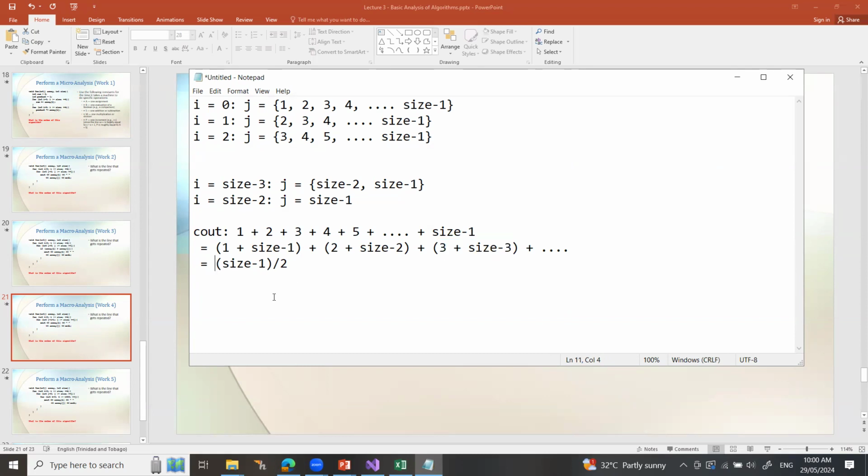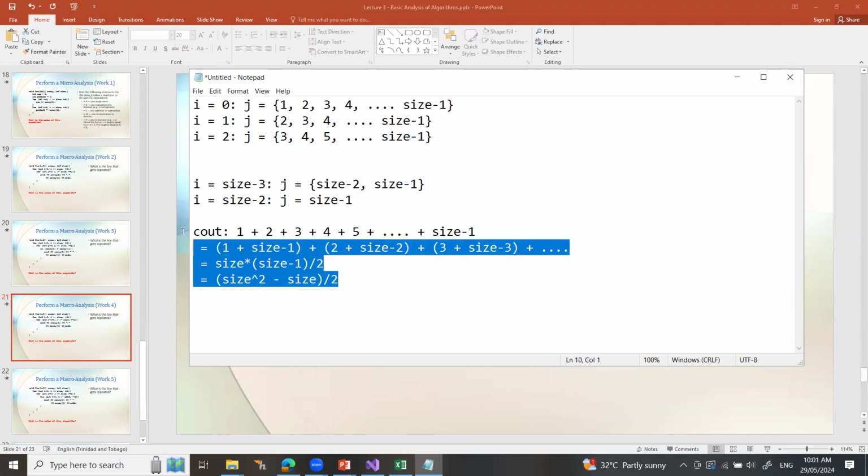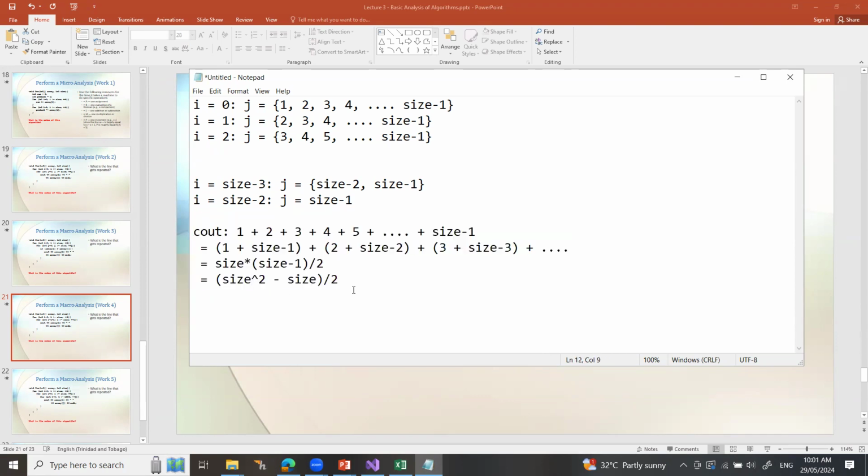So that means size occurs that many times. So this is actually size squared minus size over 2. Following the logic there? So this is order what?